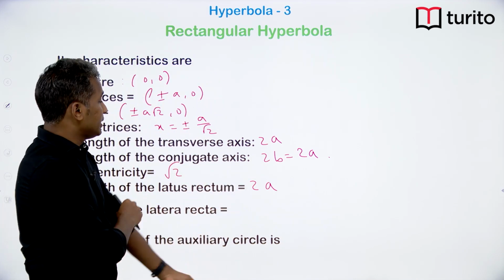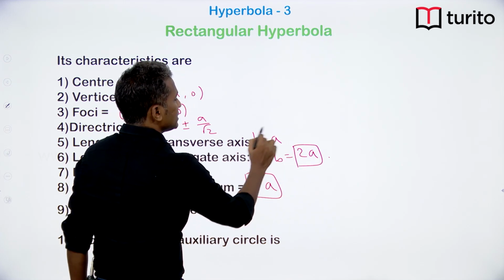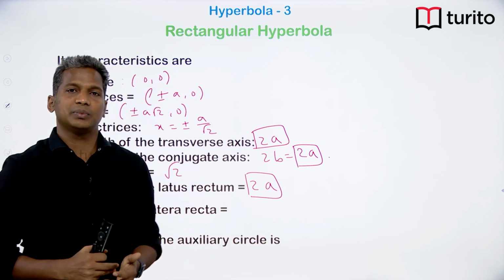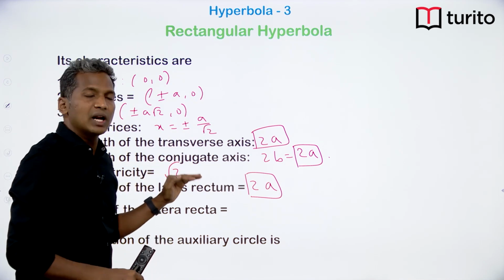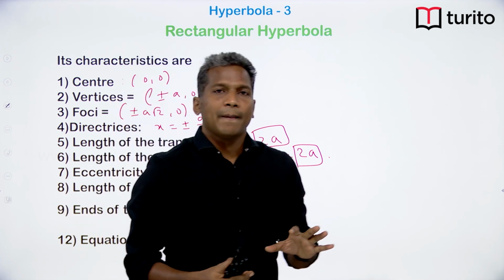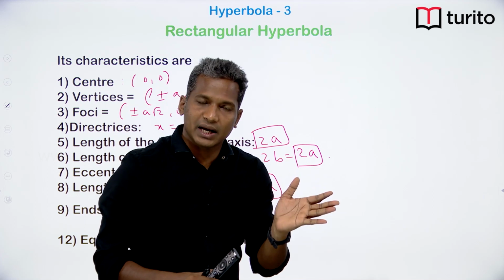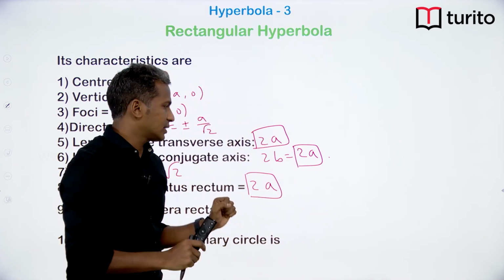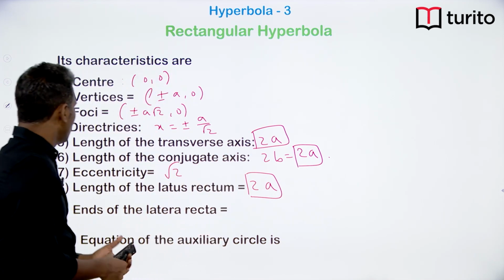So, if you remember here, the latus rectum, the conjugate axis and the transverse axis, all three are equal for a rectangular hyperbola. So, if any question comes like this, in a certain conic, where the transverse axis and conjugate axis and also the latus rectum are equal, then what kind of hyperbola is it? Of course, a rectangular hyperbola.